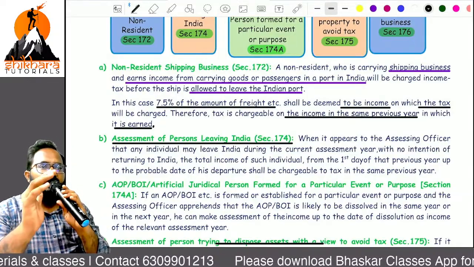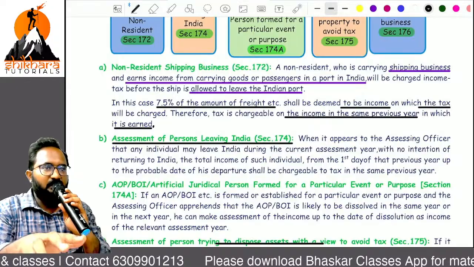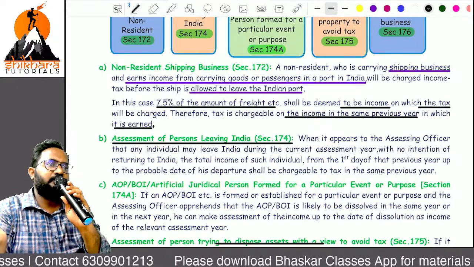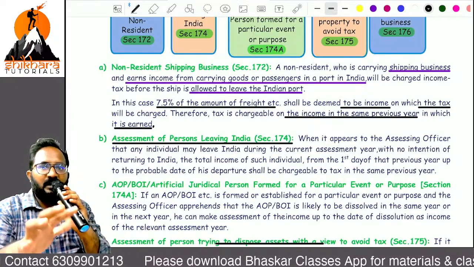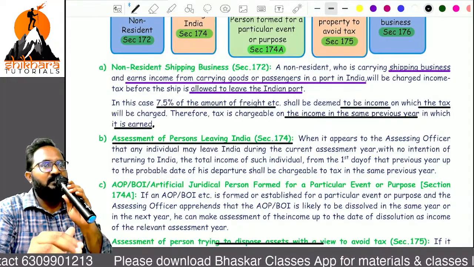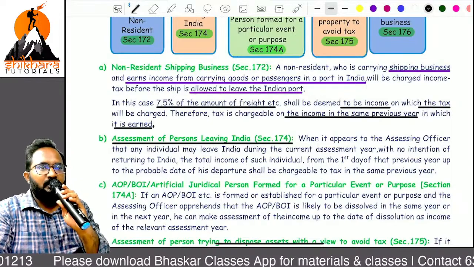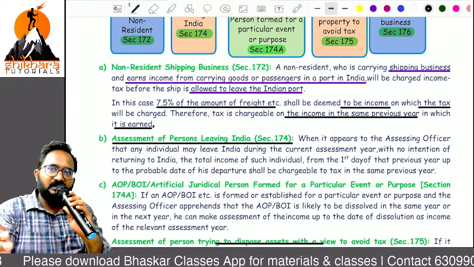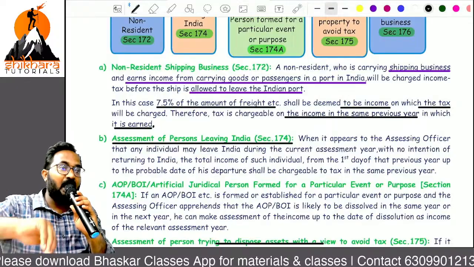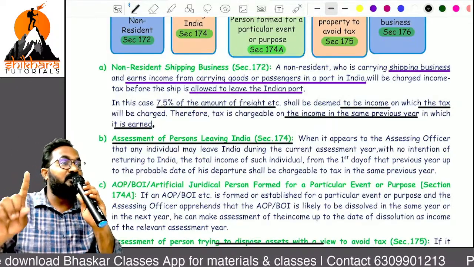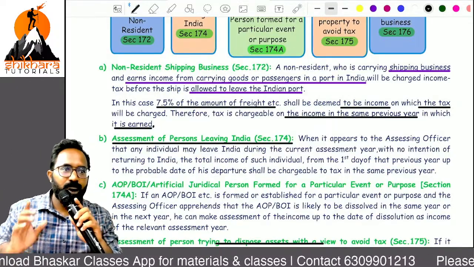Generally, in this year I am earning the salary. In which year will I pay the tax? Assessment year. Here I am earning some capital gain income. In which year do I have to pay the tax on that capital gain? In the assessment year. But now during this year only I am leaving India with no intention to come back. Please observe that.